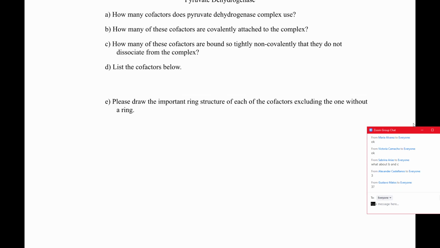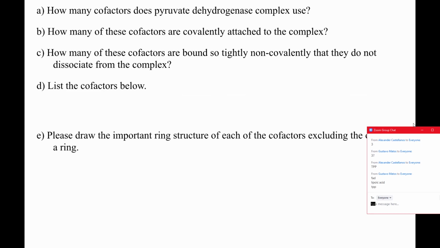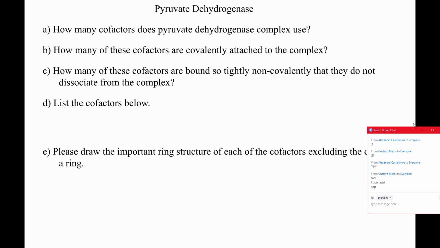What do you think they are? All right, lipoic acid for sure. FADH2. What else? And TPP.